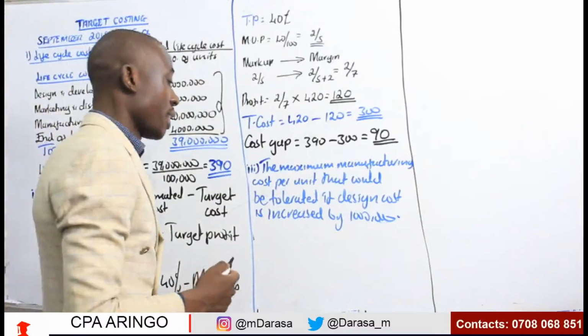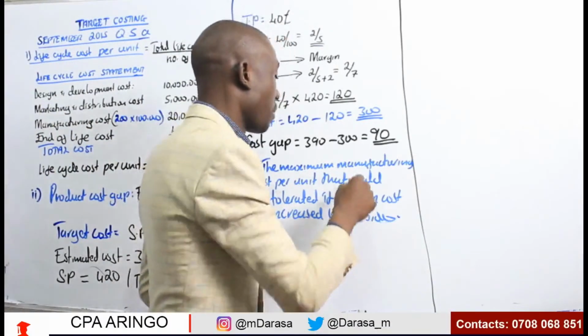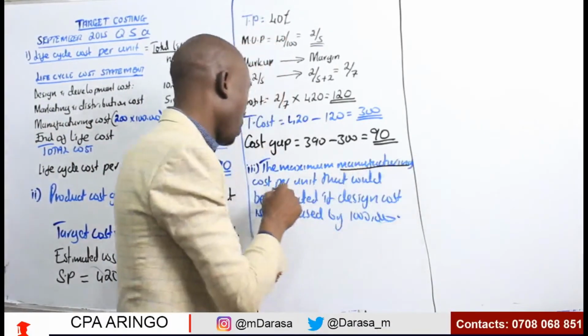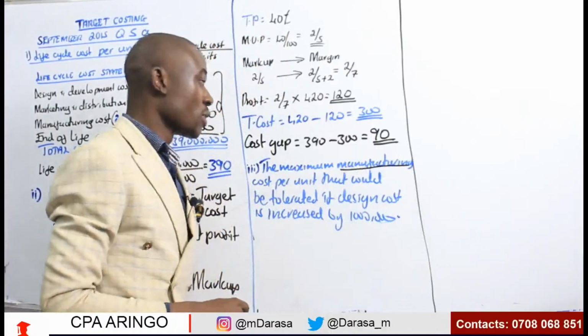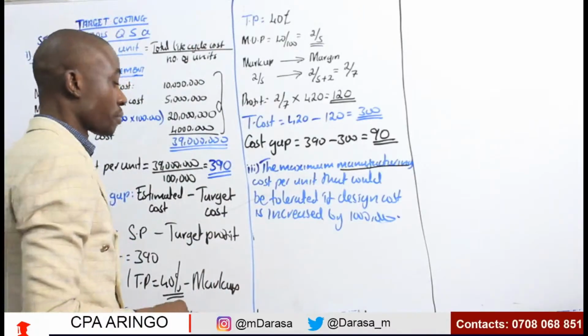So in this case, what am I not given? The examiner is asking us to determine the manufacturing cost per unit. So what should we have?